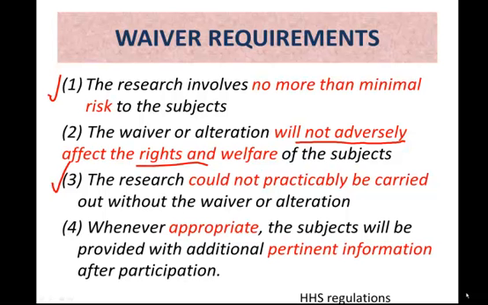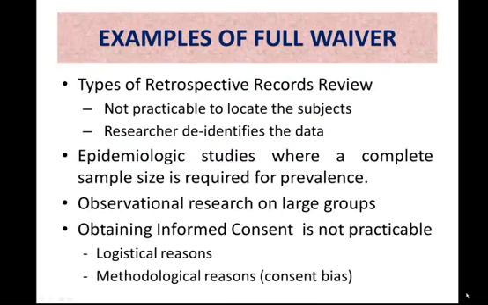Finally, the last criteria, whenever appropriate. Usually the IRB, in conjunction with the investigators, would decide when it might be appropriate to tell subjects additional pertinent information after participation. Examples of when a full waiver might be granted involve types of retrospective record research, where, as we have discussed before, it is not practicable to locate the subjects, or in certain types of research in which the researcher de-identifies the data.